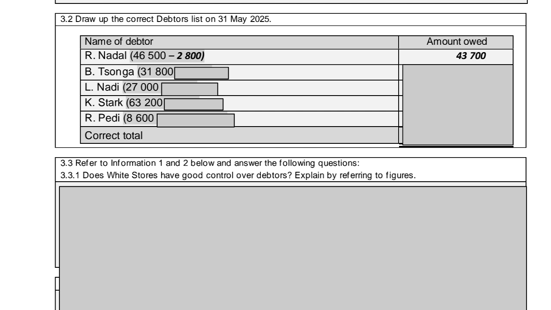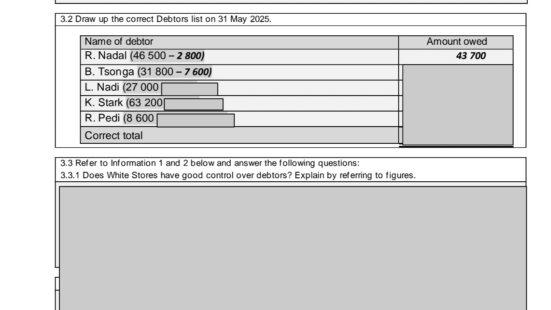Information 4B, goods sold on credit to R. Petty were incorrectly posted to the personal account of B. Sunga, 7,600 Rand. So in other words, the 7,600 Rand does not belong to B. Sunga. So we need to subtract that amount from his amount owing.